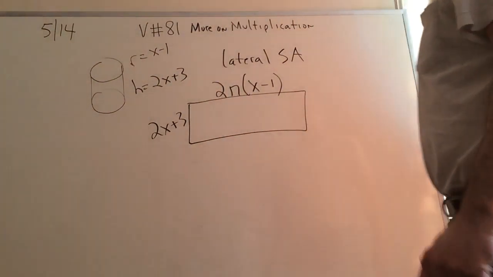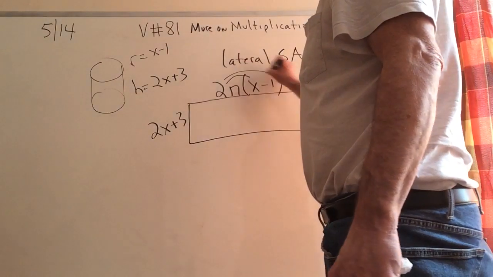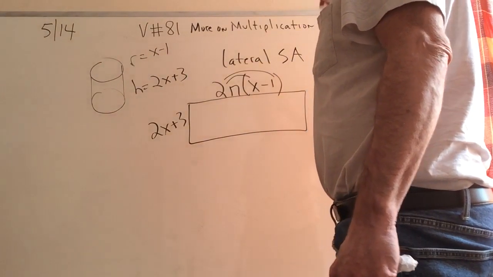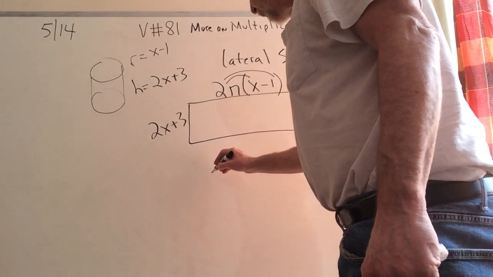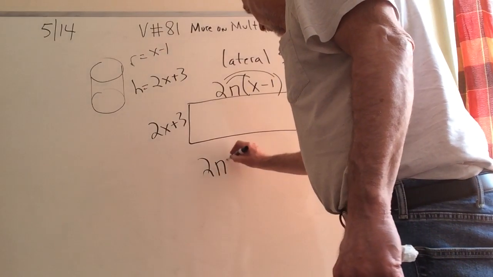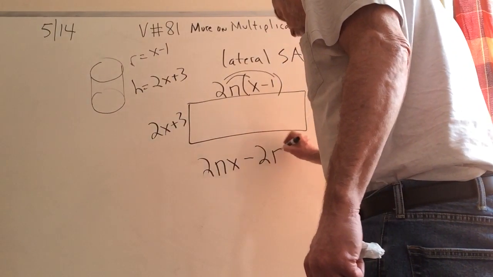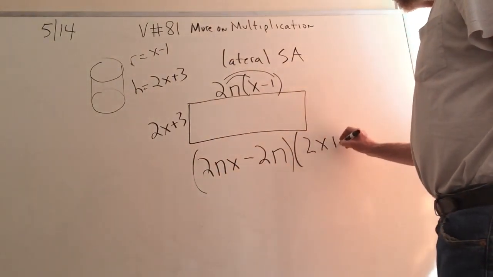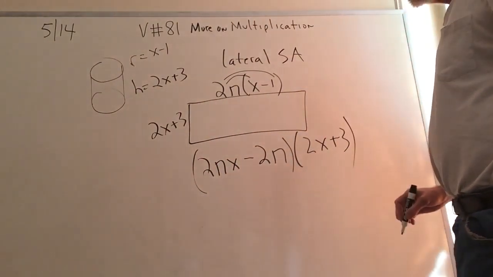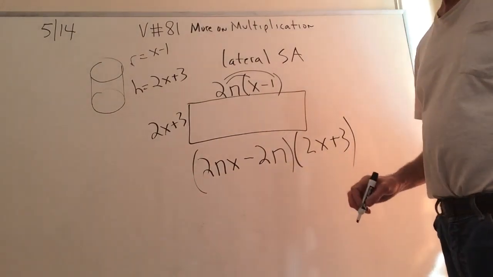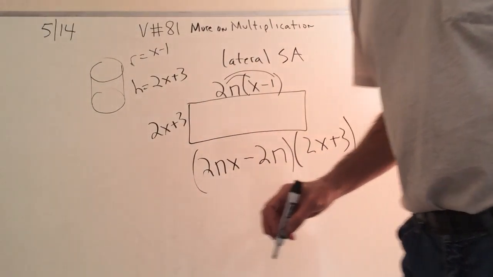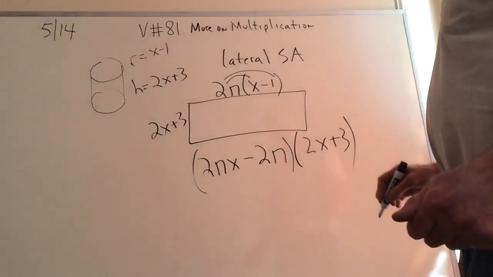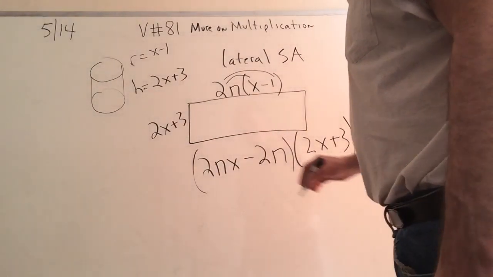And I want to do these because I need to distribute here. Monomial times a binomial. So we'll end up with 2 pi x minus 2 pi times 2x plus 3. And again, I repeat to the weaker students, pi is just a number. Remember that. Keep that in mind when I'm doing the work here.